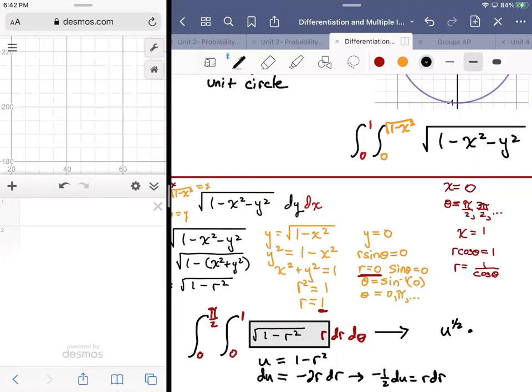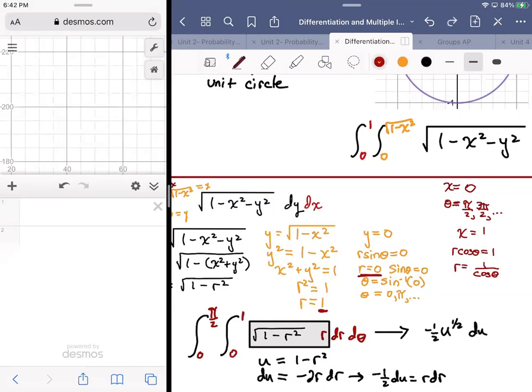So negative 1/2, and we have a du here. We can rejigger the bounds here, so that instead of going from 0 to 1, it goes to whatever is appropriate based off of the u model.